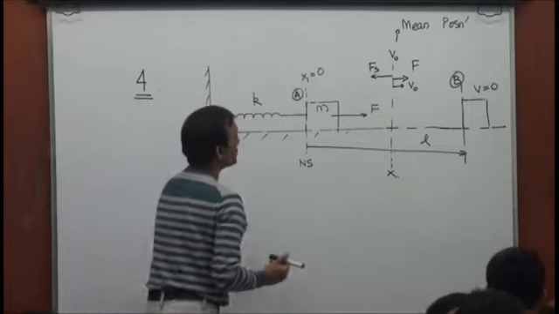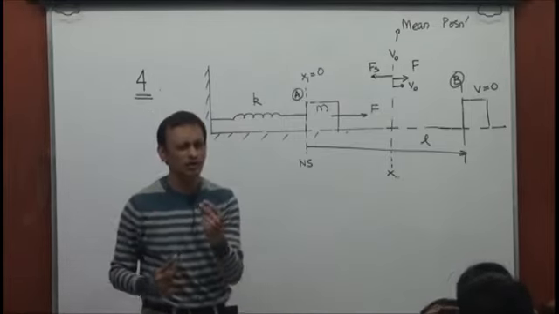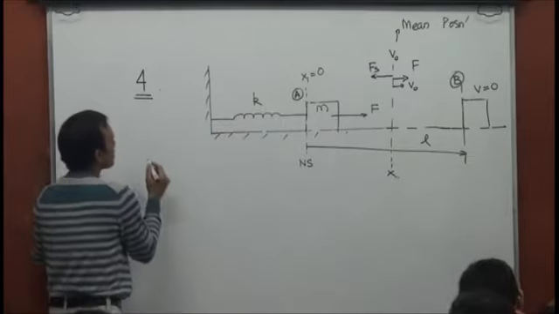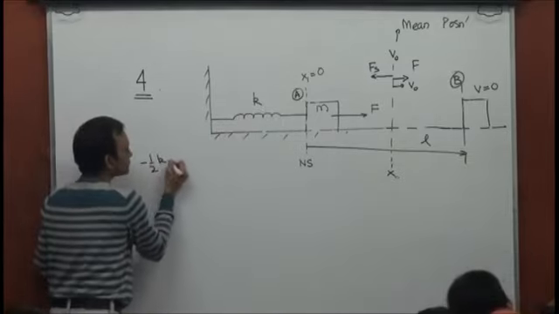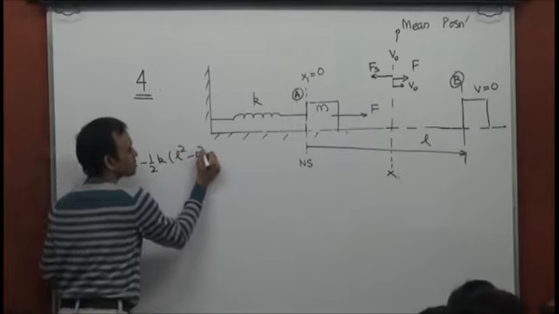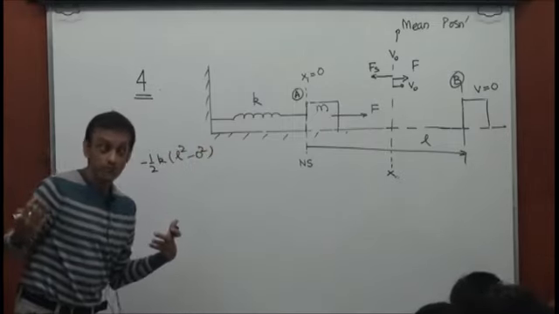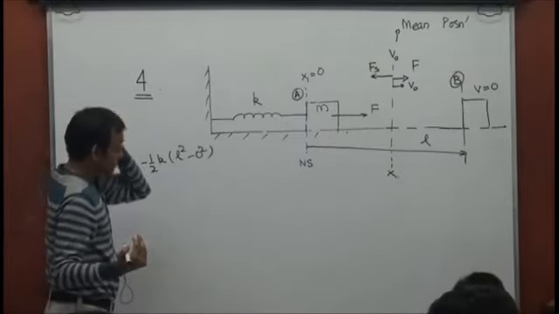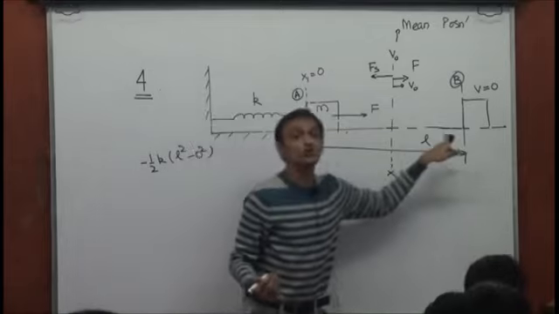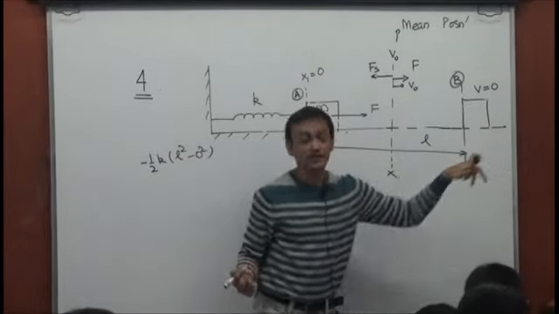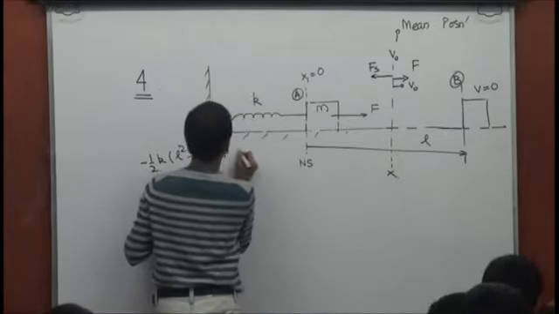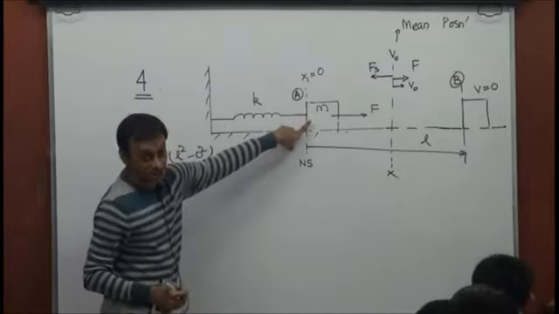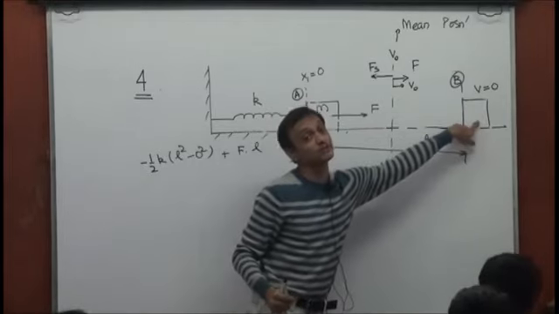Right? So between these two states, the work done by the spring force is going to be the negative of the change in elastic potential energy. So minus half K L squared minus 0 squared is the work done by the spring force, right? Work done by F is F into L. The initial kinetic energy, it starts from rest, and at this point it again comes to rest.